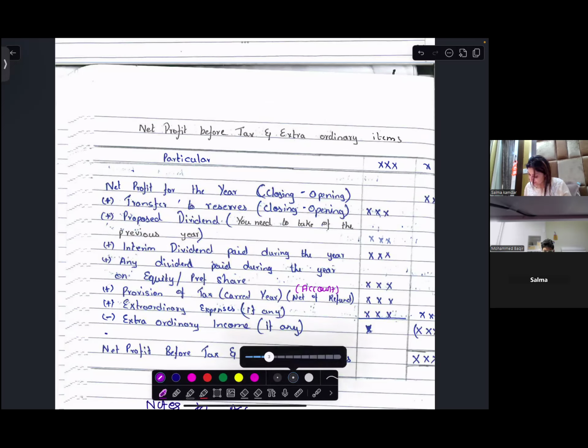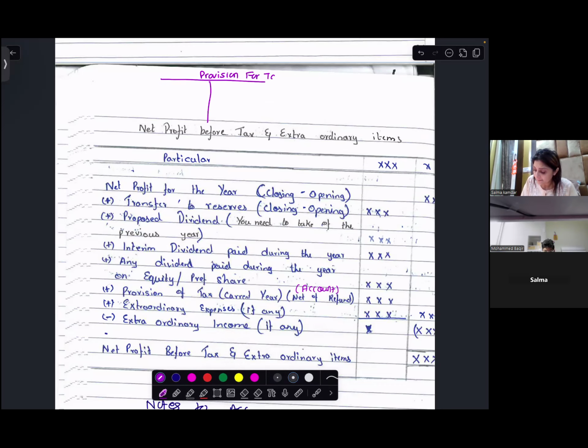Which account do you get this provision for tax from? Taxation account. Do you remember the taxation account? On the debit side, you have to bank account, and then to balance carry down, and on the credit side, you have the opening balance here, and the closing balance here.